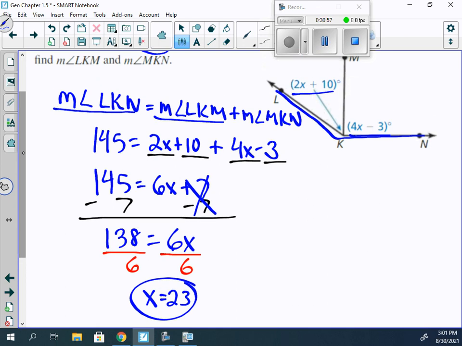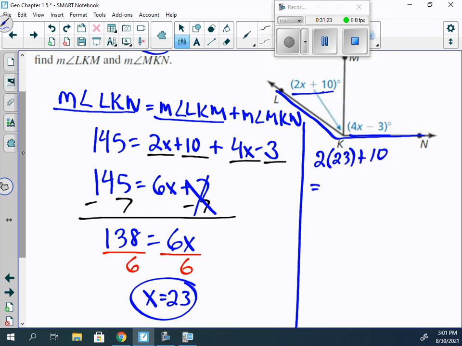I wrote that out just really to explain the formula that we had, the postulate. The whole angle is equal to its two parts. Now, it was asking for the measure of each angle, yes? So this here is 2x plus 10. Well, what is x? So I can say that its angle measure is 2 times 23 plus 10.